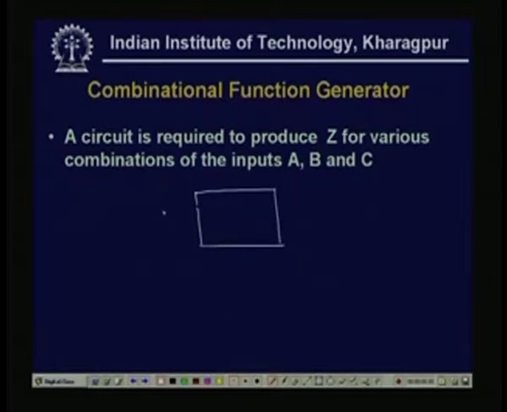There are 3 inputs and 1 output. See, inputs are A, B, C and output is Z.